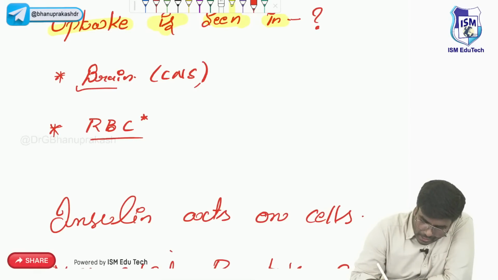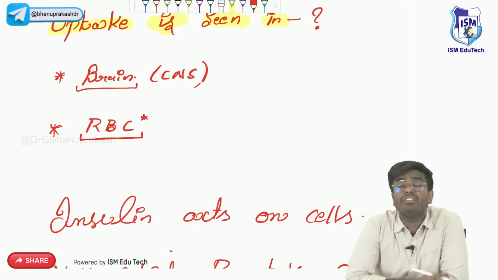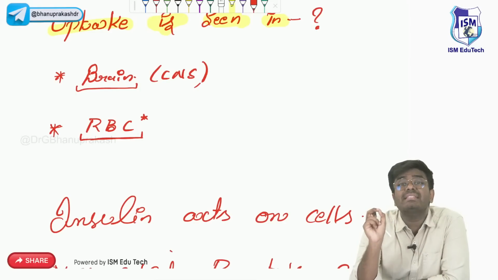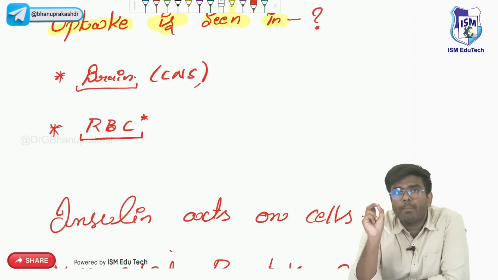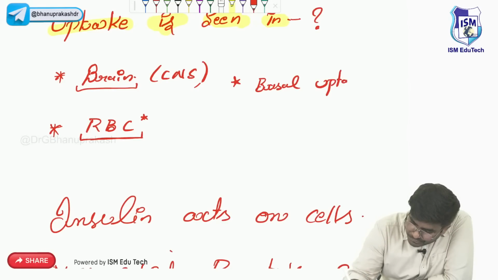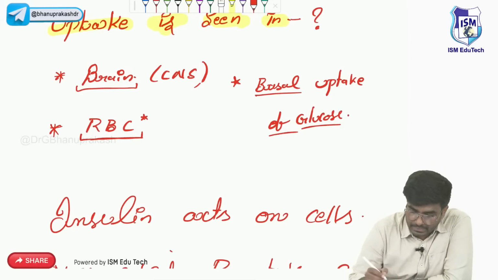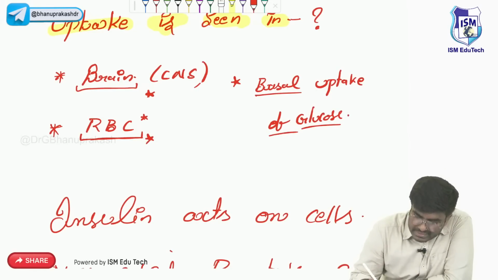Brain and RBC are the two important systems which show what is called basal uptake of glucose. Very, very important keyword, basal uptake. Basal uptake of glucose is seen in brain as well as RBC.